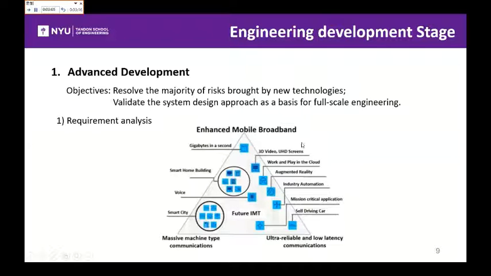So these three features, or we can say that these three requirements are the most important objectives the 5G system want to achieve. So here is the context in requirement analysis.